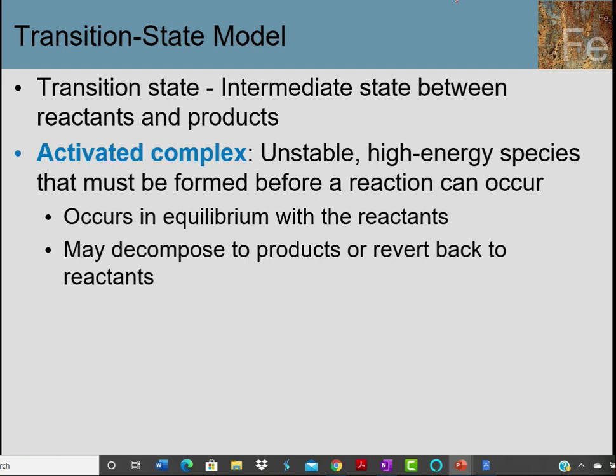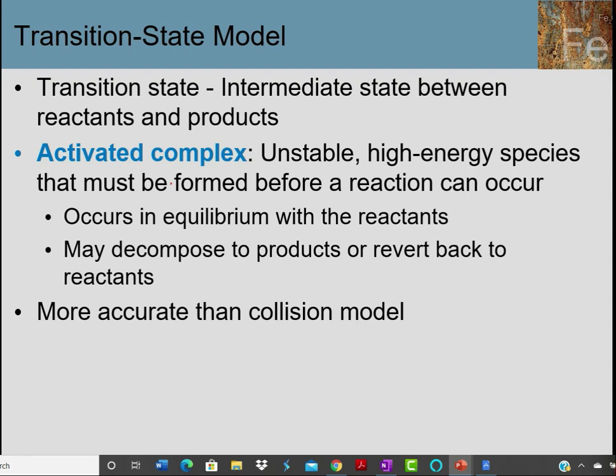And then the question is, did they hit with enough intensity for something to happen? But in order for them to react, they actually have to come in contact with one another. That entity that exists while they're all together is called the activated complex.